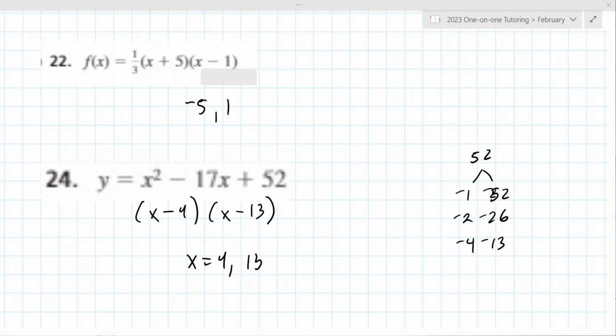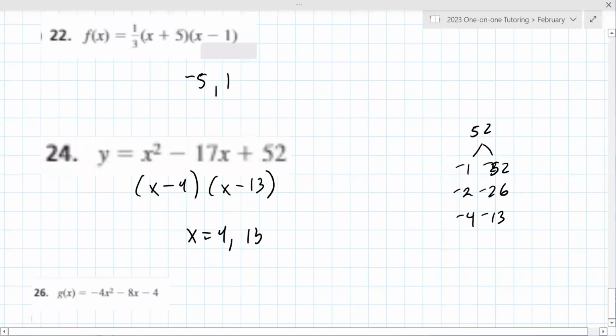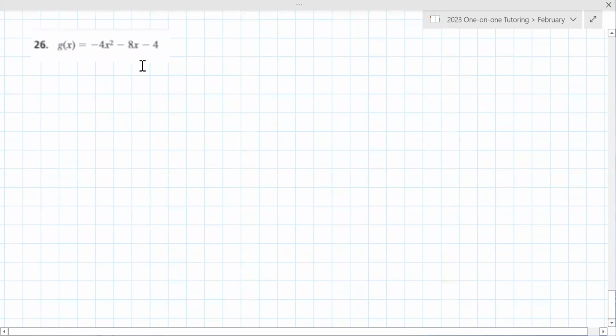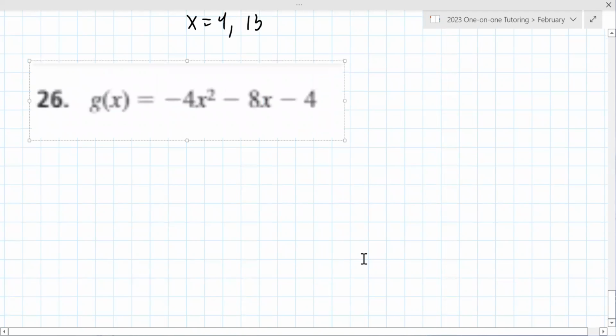So with 26, you want to do the GCF first, always the GCF. So then it'd be negative 4 times x squared plus 2x plus 1.